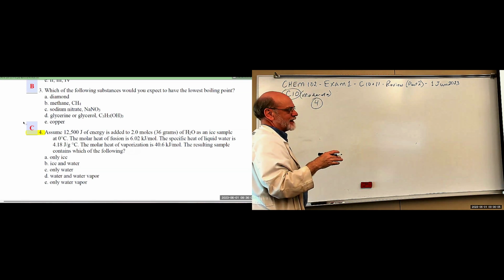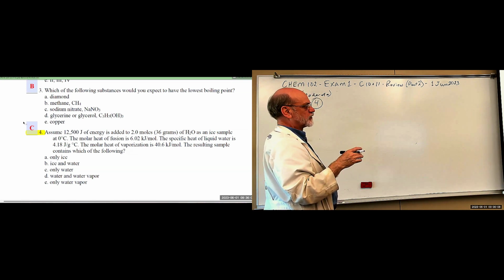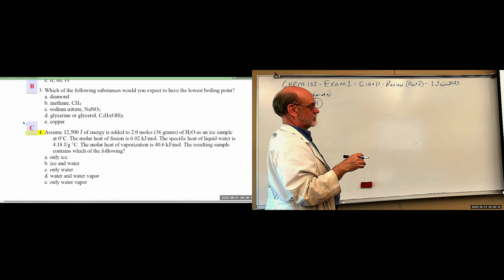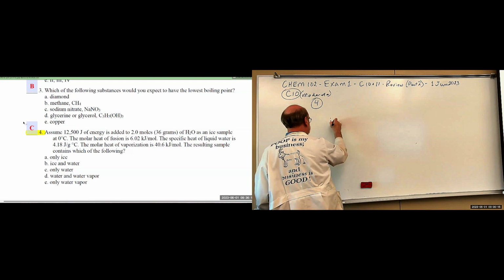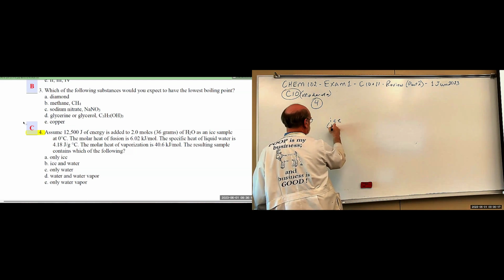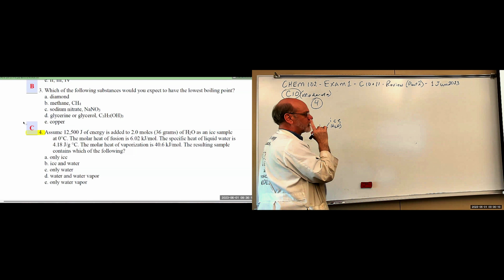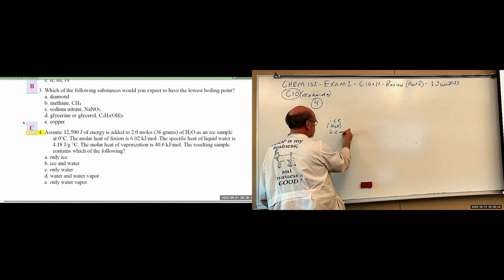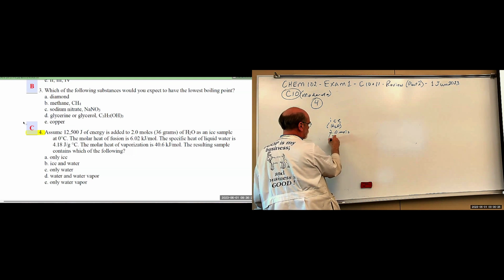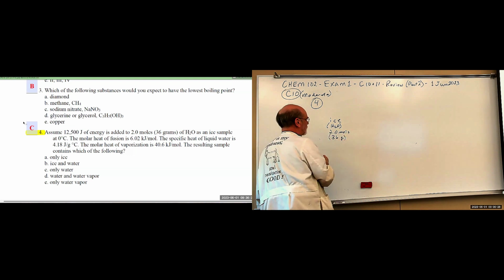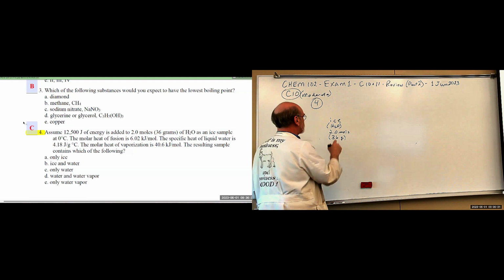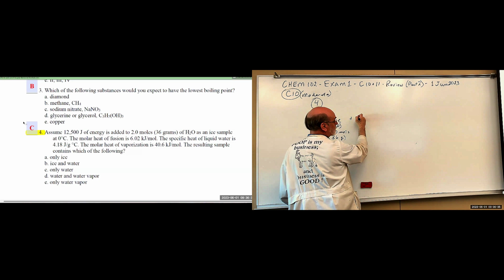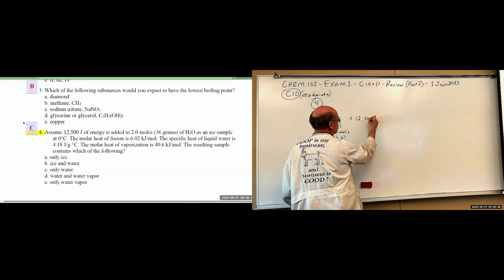Assume 12,500 joules of energy is added to 2 moles of water as an ice sample. Okay, so we got ice, water. Okay, there are 2 moles here. And they tell you so you don't have to calculate it, which is 36 grams. Okay, we're going to add 12,500 joules.